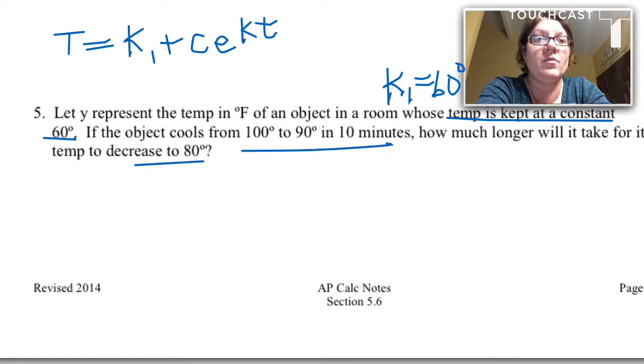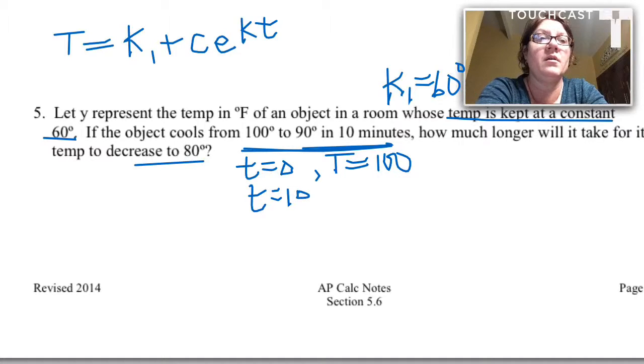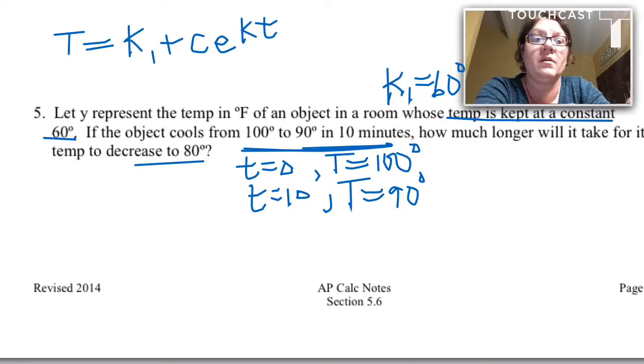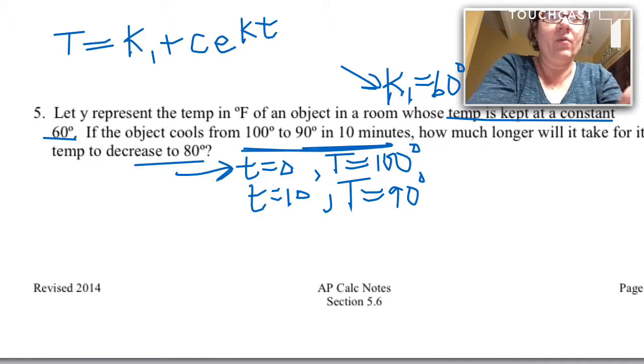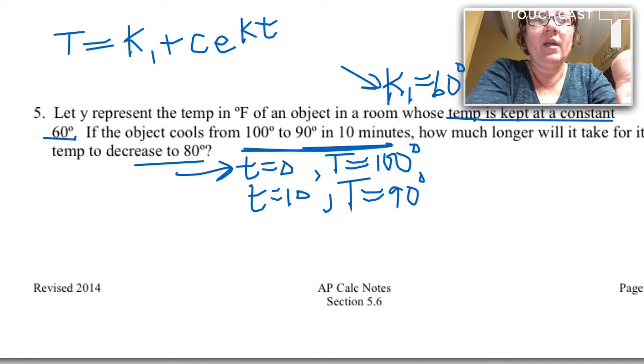So going back to this whole temperature piece, what I know is at time 0, the temp was 100. And at time 10, my temp was 90. So using my initial condition and the fact that I already know K1, now my formula is going to look like this when I plug in 100.